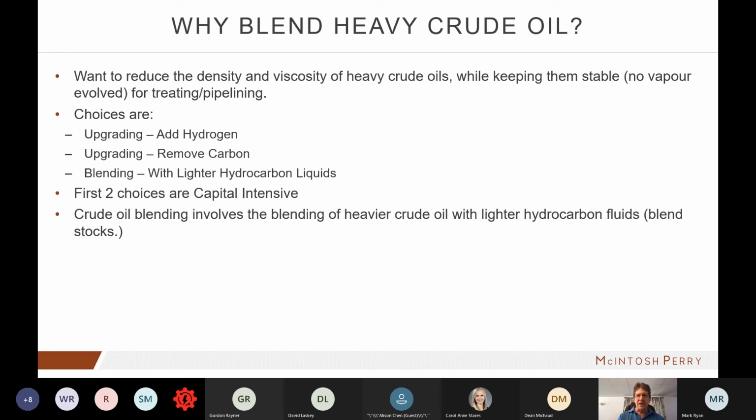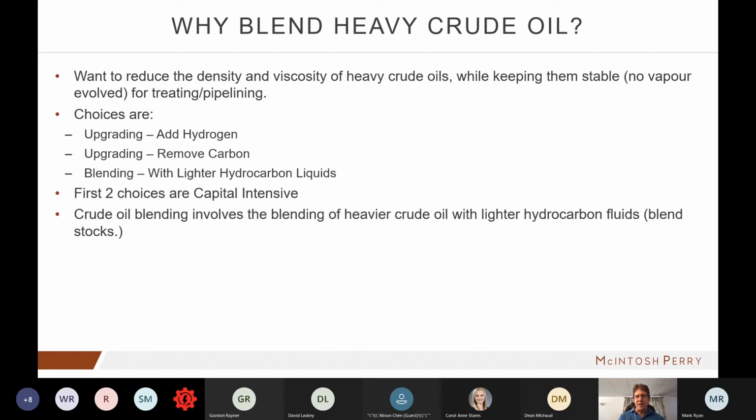So it might be meeting specifications. It might be for hydraulics reasons. So we're going down a pipeline and we need to reduce the viscosity. Or it might even be for treating. There are some companies out there, even in SAGD, that will actually blend upstream of an oil treater so that they don't have to be at a very high temperature.